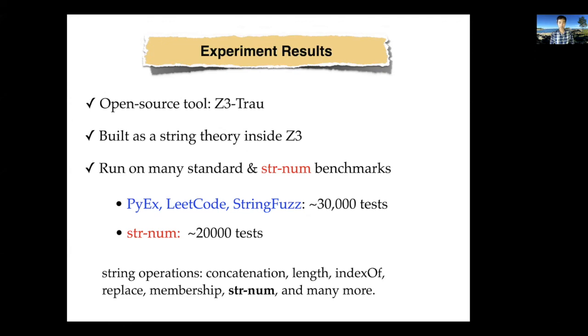We have run our work on many standard benchmarks as well as some string to number benchmarks, and indeed it has a lot of test cases. It's worth mentioning that inside the test cases we have run, there's a wide range of string function uses, such as concatenations, length, indexof, and of course, string to number conversion.